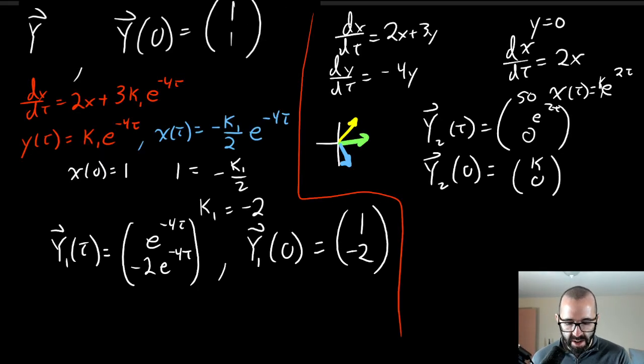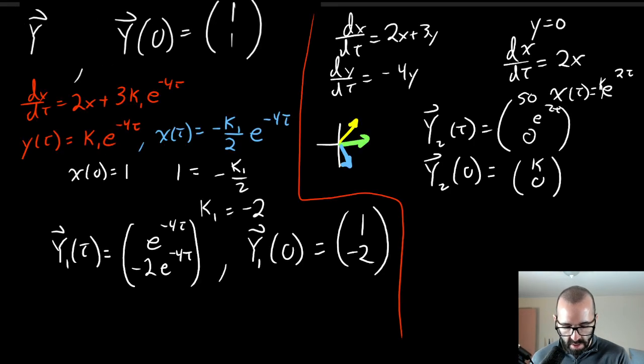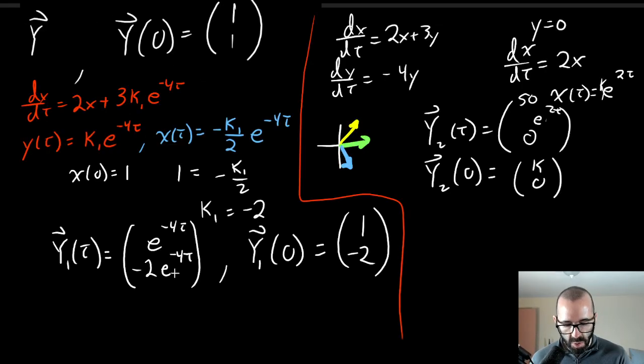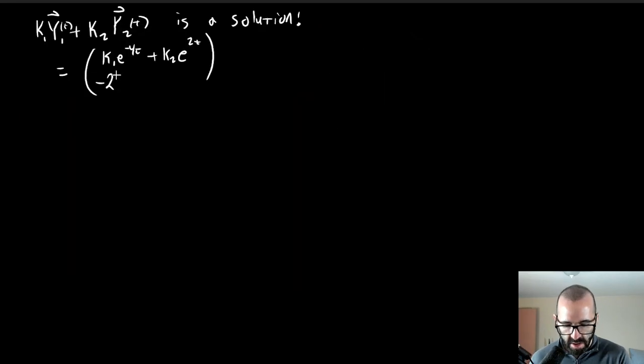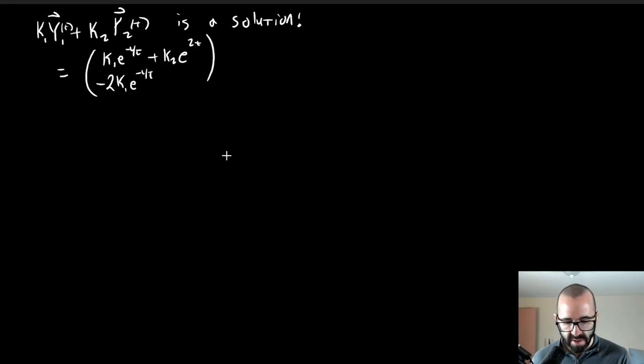So k1 e to the negative 4t plus k2 e to the 2t, and then negative 2k1 e to the negative 4t plus k2 times 0 is a solution.